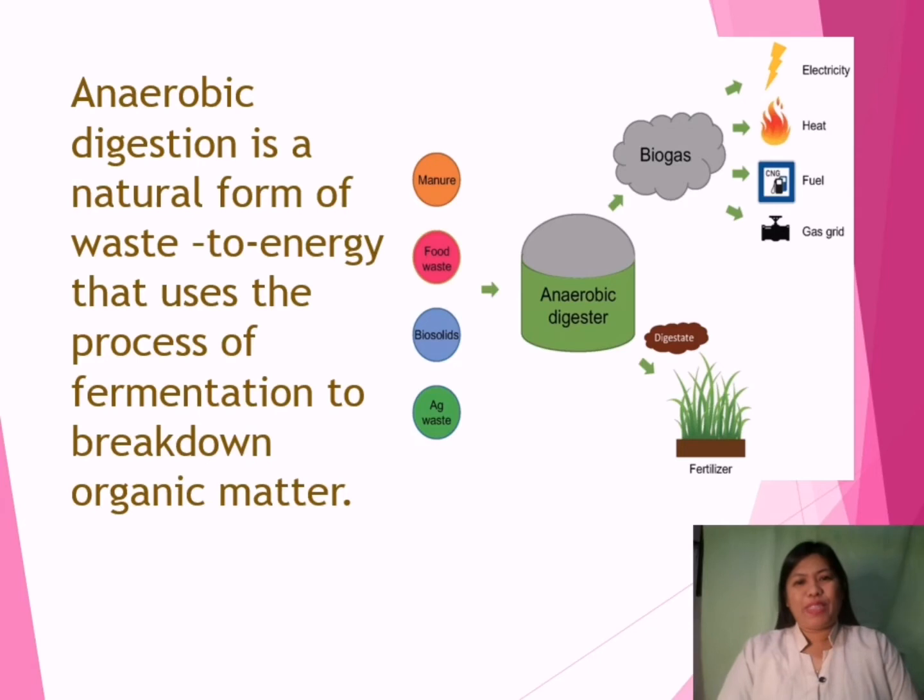So we take the manure, the food waste, and sewage waste, and put them into the anaerobic digester, which then produces biogas to produce electricity, heat, and fuel. The digester also produces fertilizer for the plants.